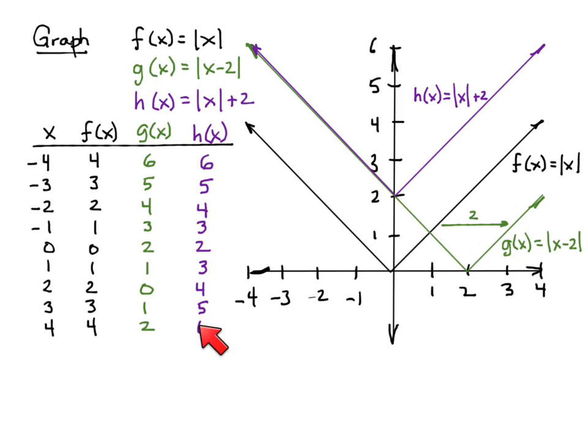This one's a little easier to see on the table what it's doing, but graphically when we add a constant to a function, we're moving it up, or if we're subtracting something, we're moving it down. So when we make these kinds of changes, we're talking about a translation, where we're moving this graph, and we can do this with any of our basic graphs, and we can get new graphs out of it.